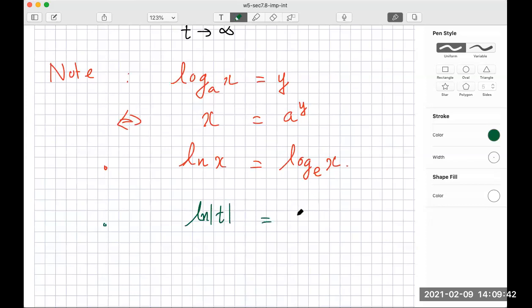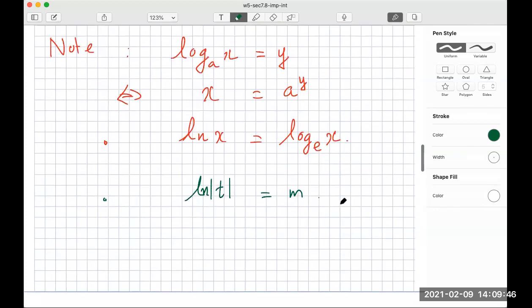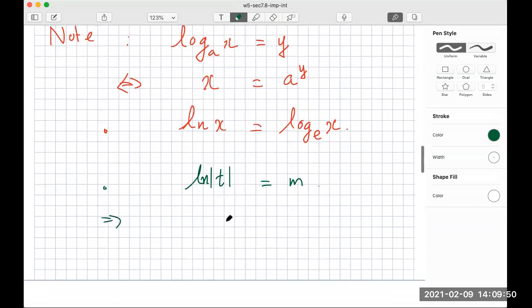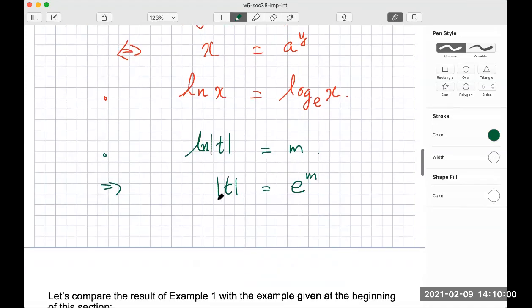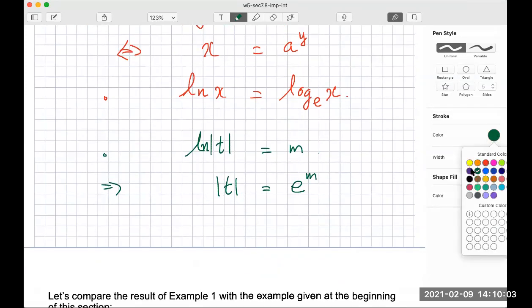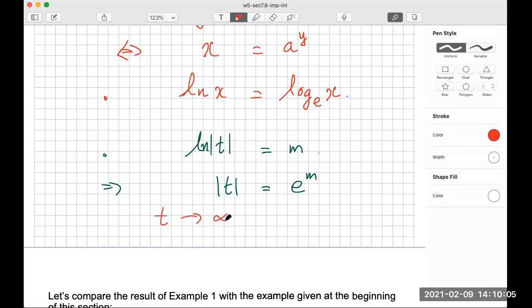Suppose this is m; we don't know what it is, but suppose this is m. Then what does it mean? t equals e to the m. If t goes to infinity, then m should also go to infinity to make sense, right?